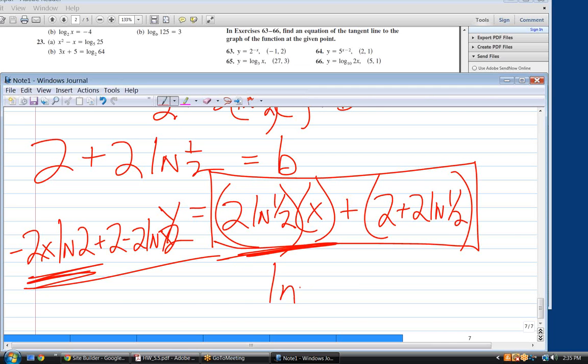Notice that the natural log of 2 to the minus 1 equals minus natural log of 2. And natural log of 2 to the minus 1 is the same as natural log of 1/2. So the natural log of 1/2 is the same as minus natural log of 2. So all she did was take my natural log of 1/2 and switch it to a minus natural log of 2.